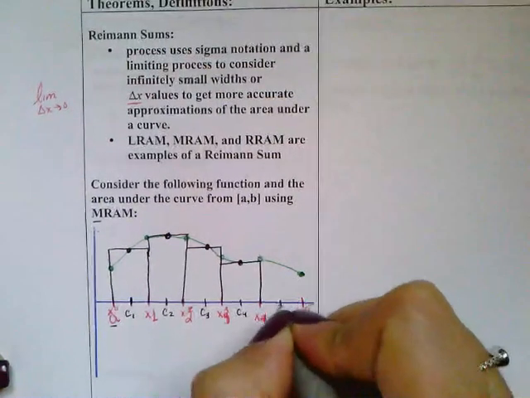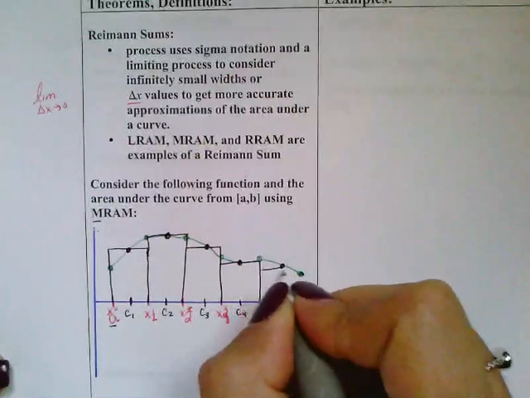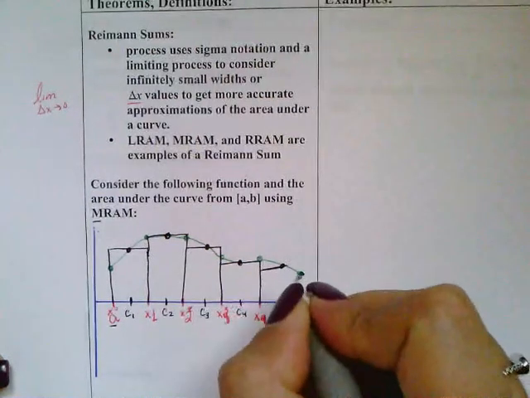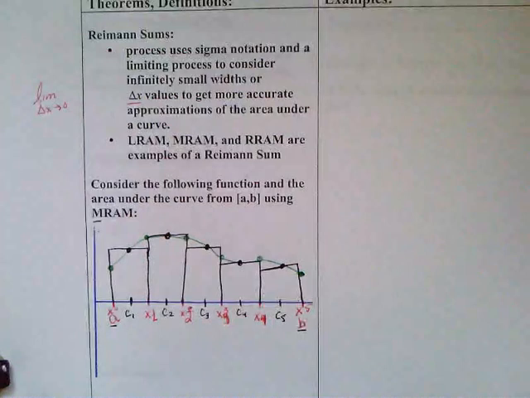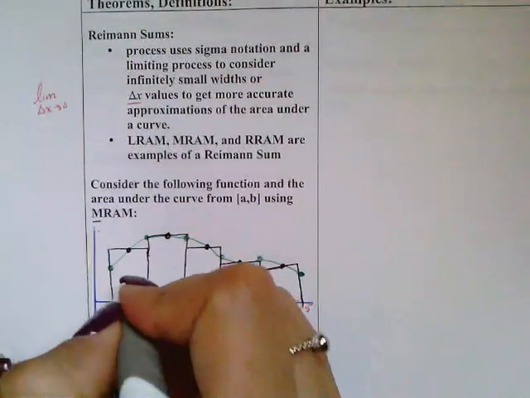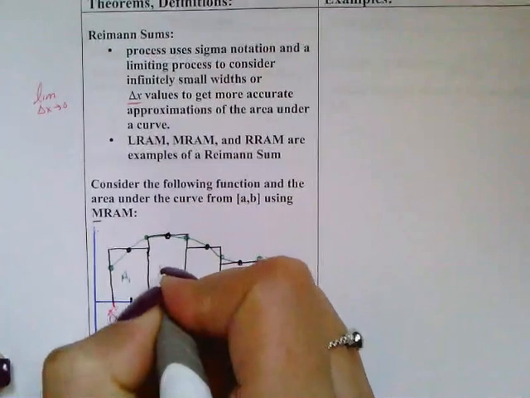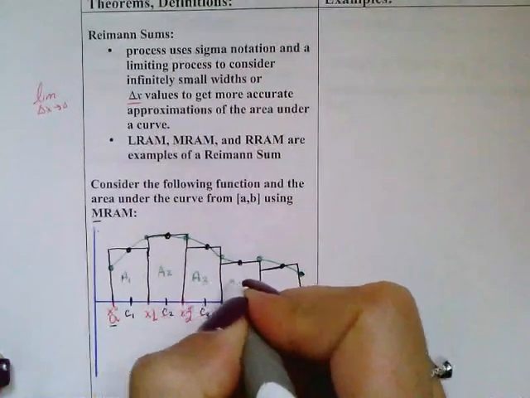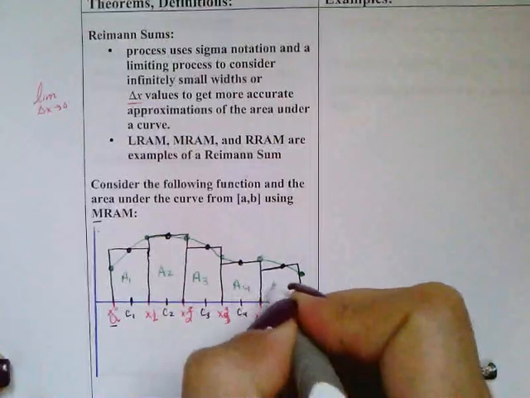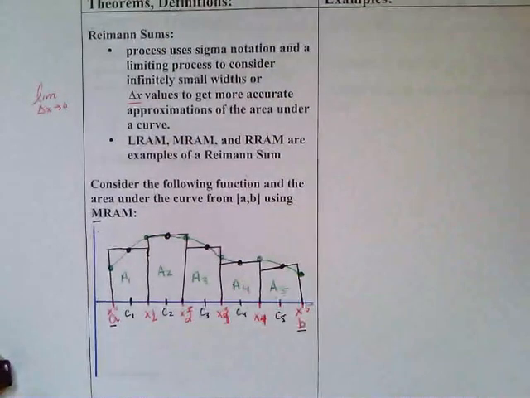C5, up to the point, make my rectangle. So basically here we can see that this is going to be area 1, this is going to be area 2, area 3, area 4, and area 5.